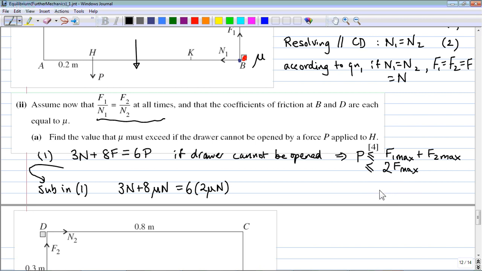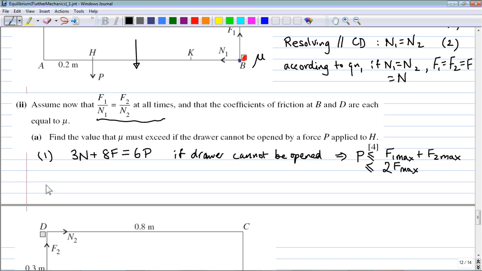If we just say that P is less than 2F max, because we're talking about the limiting case if we're finding the lowest possible value of mu. So therefore, instead of writing it like that, we could say if P is less than 2F max, and here this F would also be F max in the limiting case, so we'd be writing something like 3n plus 8F max.